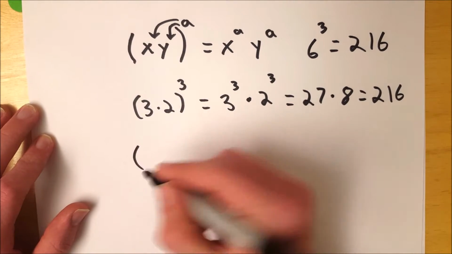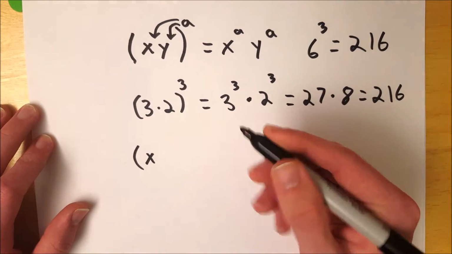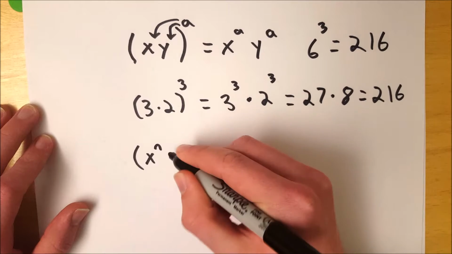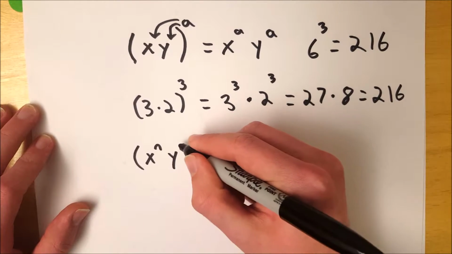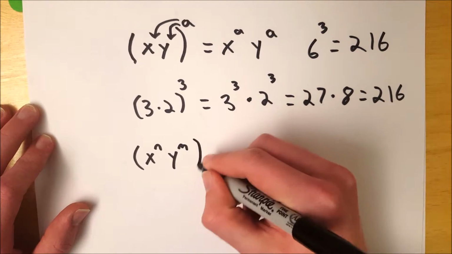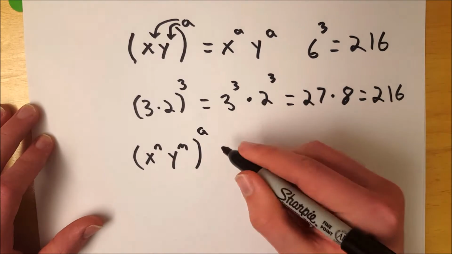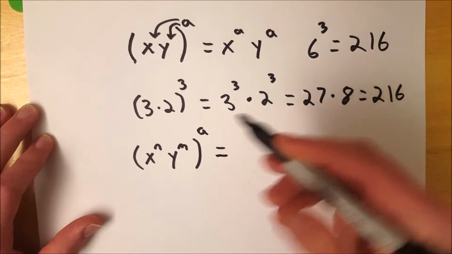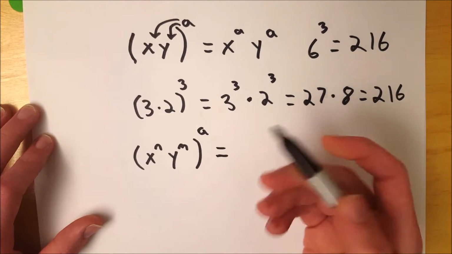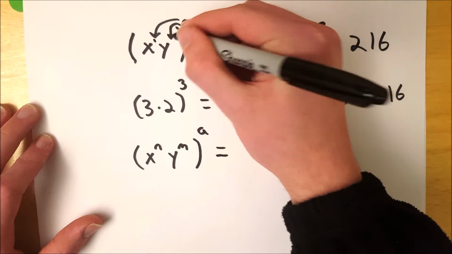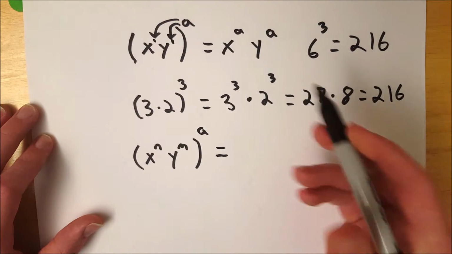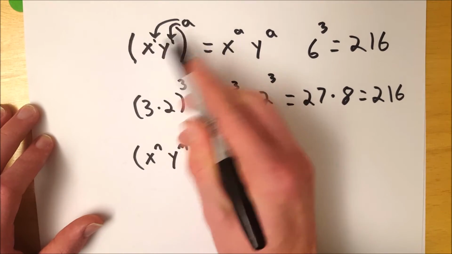Another possible example is, let's say we have x to the power of n, y to the power of some number m, and all of that is raised to the power of a. Well then, same exact deal. Here x and y both have an exponent of 1, and so you're just multiplying these exponents.